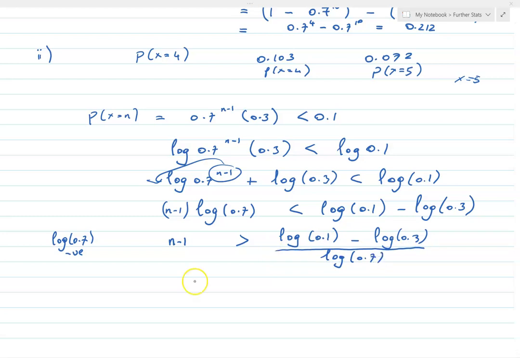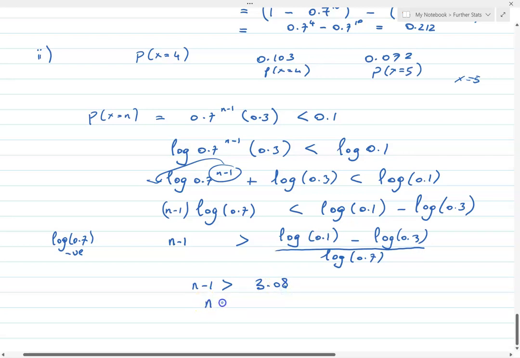Okay, so that comes to n minus 1 is greater than 3.08. So n is greater than 4.08. But it needs to be the first one. So n must be equal to 5, first integer.